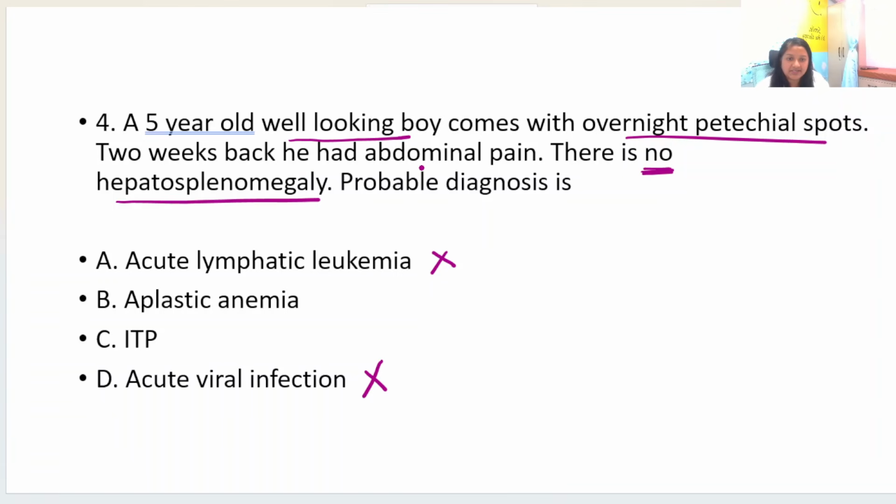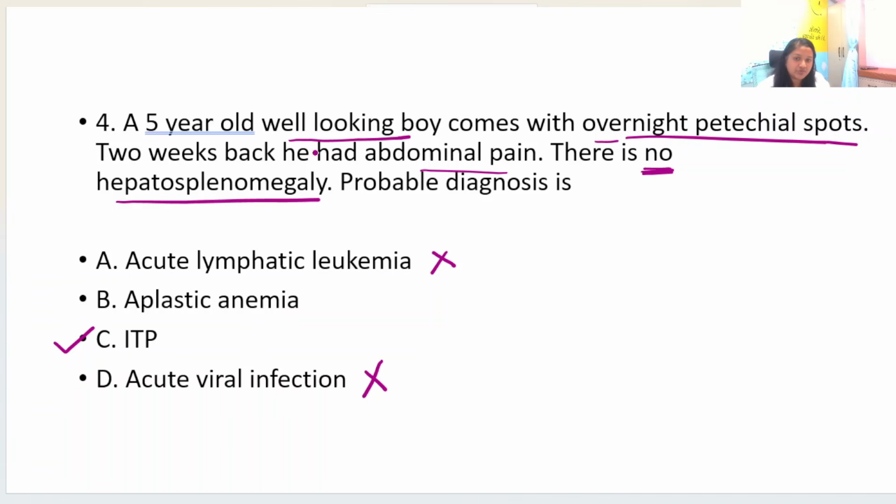Okay, and this 2 weeks back he had abdominal pain. This is indicating some underlying illness at that time, following which the child is having ITP. And overnight petechial spots, this is very typical of ITP, that a well child has sudden petechiae, purpura, bleeding into the skin, right? So ITP is the answer.